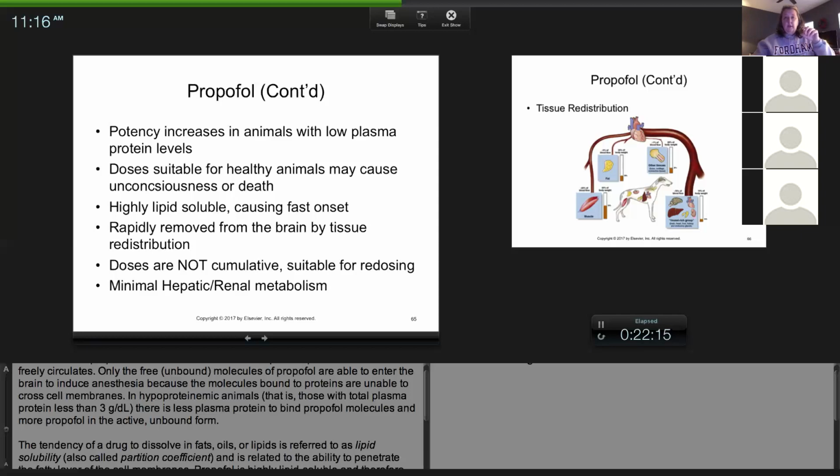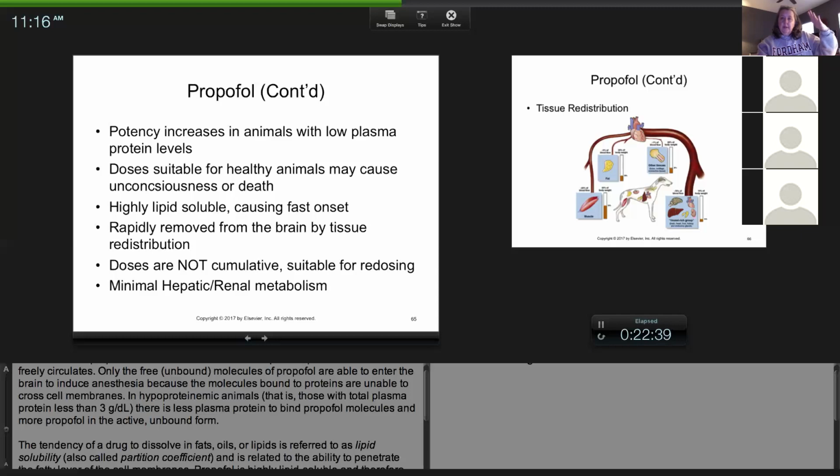So what happens is the body goes, wait, we're not balanced. And that drug will then redistribute. It goes from the brain back to the blood. When it leaves the brain, that's when they start to get light or wake up. And that's why this effect is so quick, because it gets rapidly sucked up to the brain.